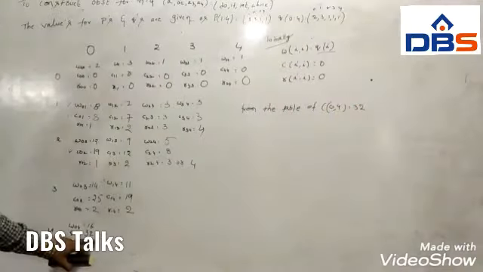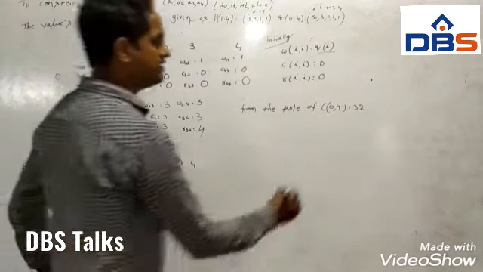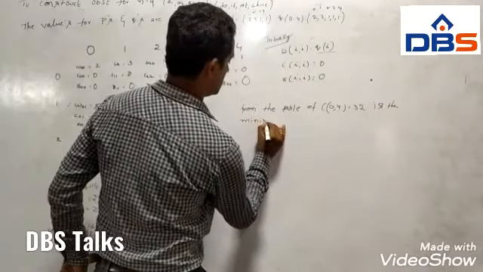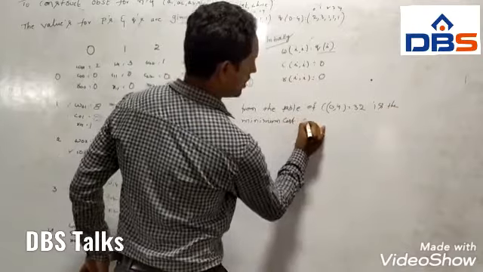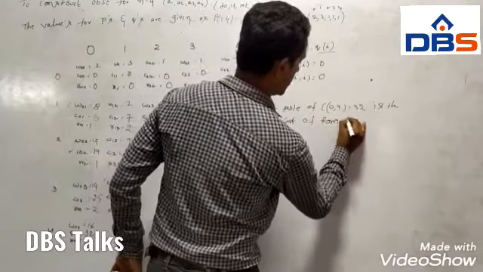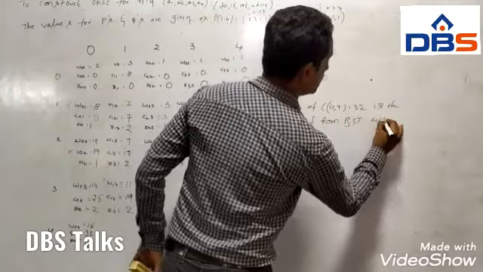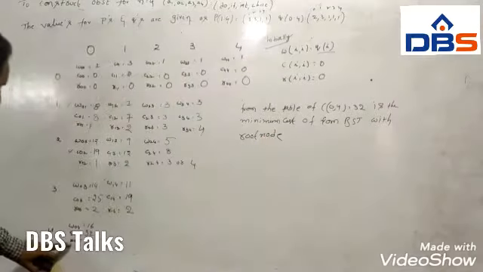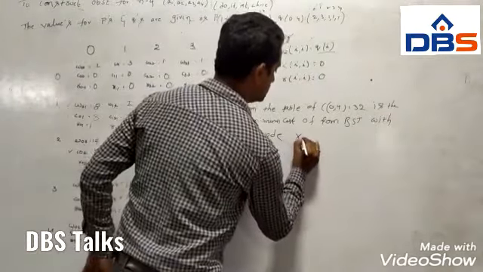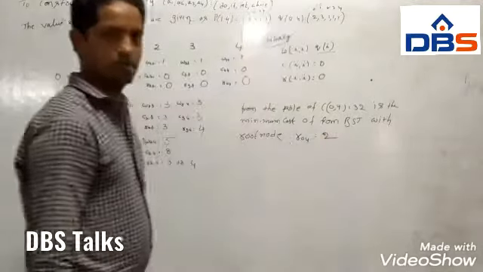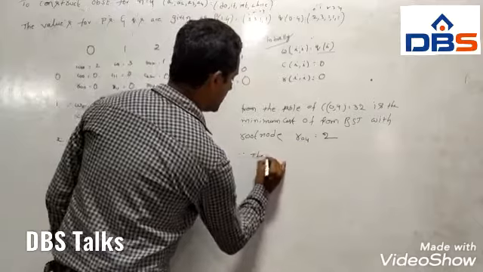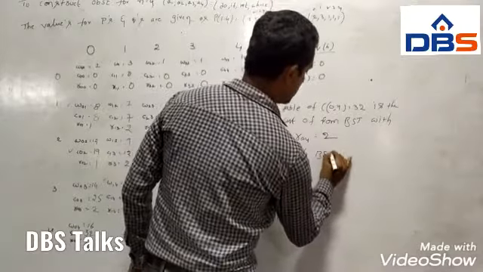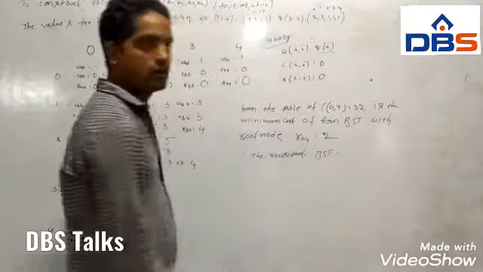See, C of 0, 4 equal to 32 is the minimum cost of the binary search tree with root node, that is R04 equal to 2. Therefore, the resultant BST equal to, so R04 equal to 2.